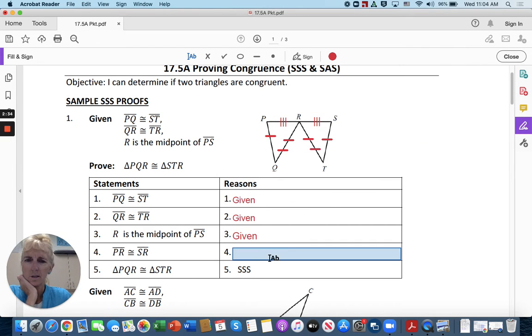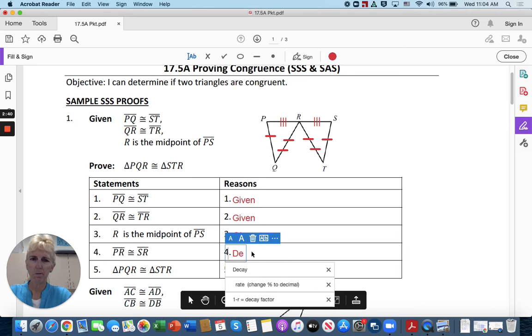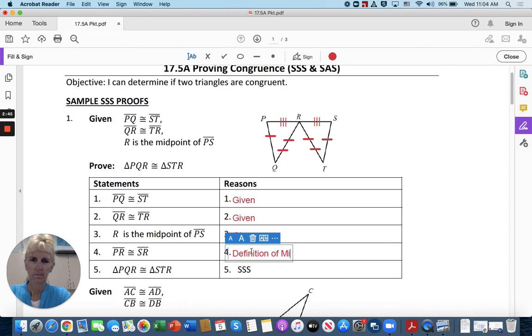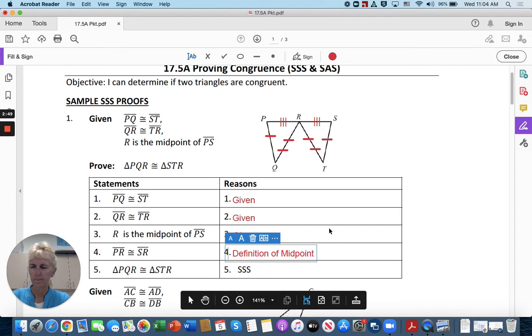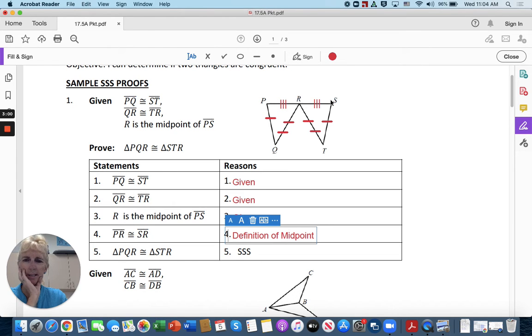All right, and the reason PR is congruent to RS is the definition of midpoint. So now we know by side, side, side that triangle PQR is congruent to triangle STR. So there you go.